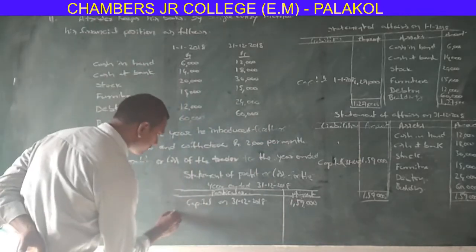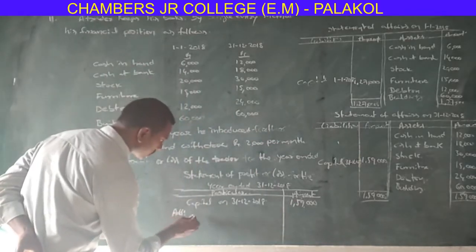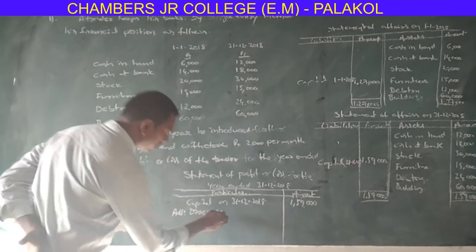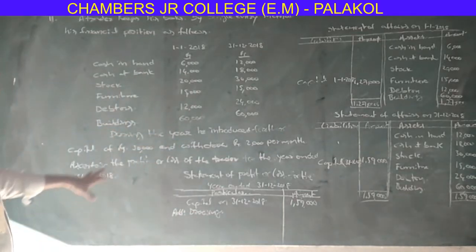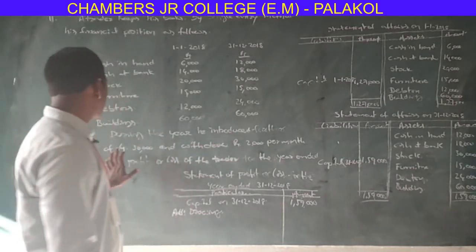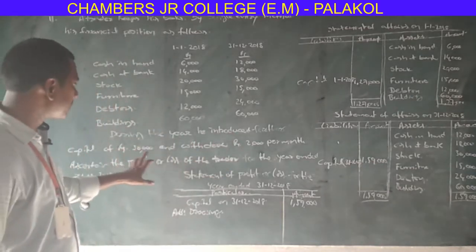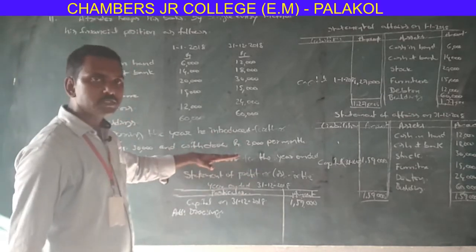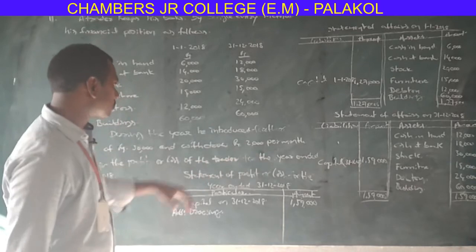Add drawings. Here the drawings: during the year he introduced further capital, and withdrew 2,000 per month. These are the drawings.